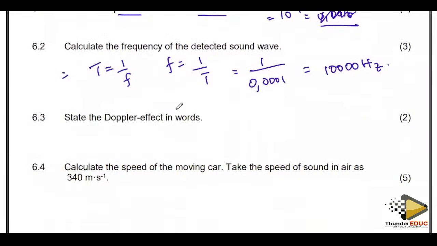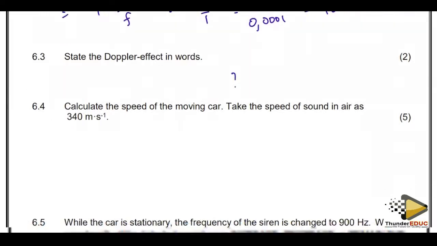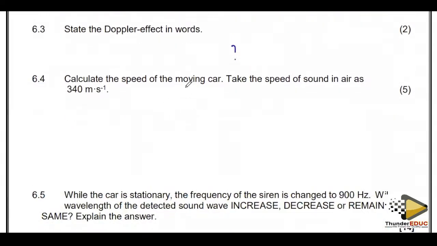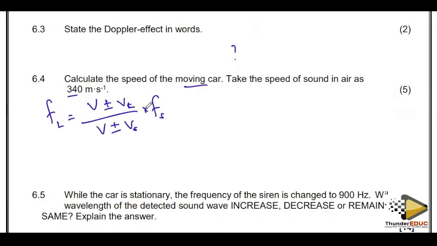Then they want us to state the Doppler effect. We said we're not going to answer this, it's already up there. And then calculate the speed of the moving car with the speed of sound. So frequency of the listener over V plus minus Vs times frequency of the source. We know that the frequency of the listener is what we just calculated up there, which is the 10,000.